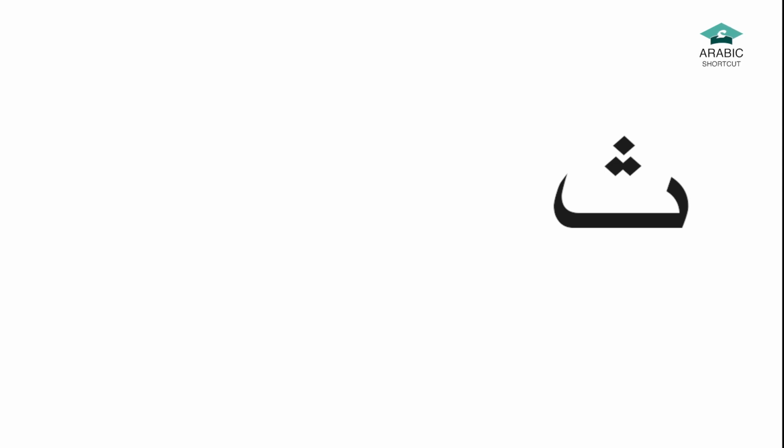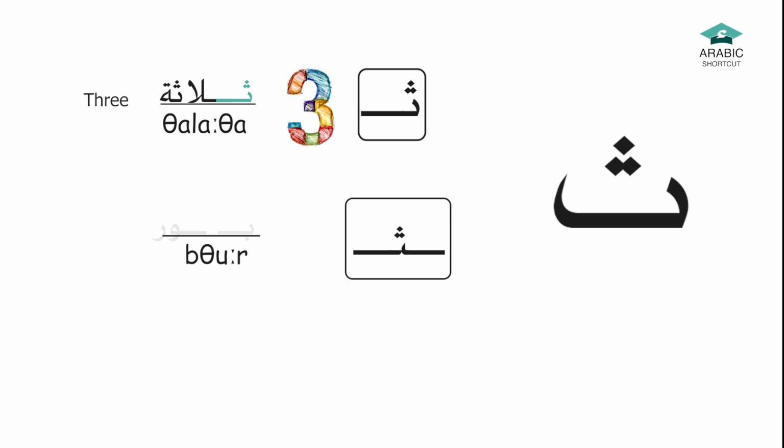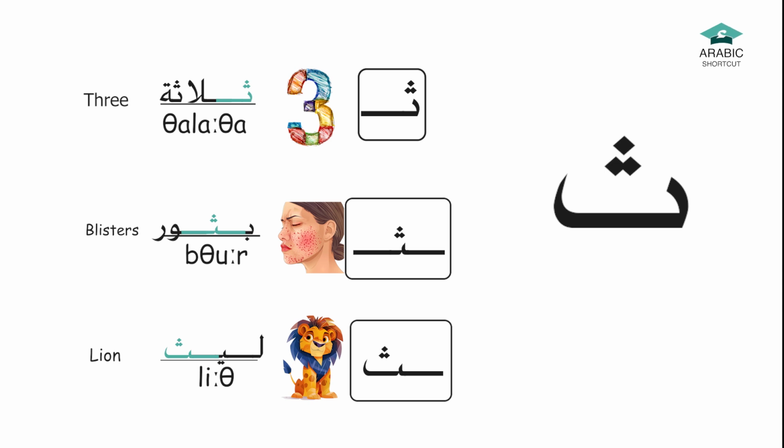Keeping it classy. ثلاثة means 3. بثور means blisters. ليث means lion, or to be precise, the son of the lion.